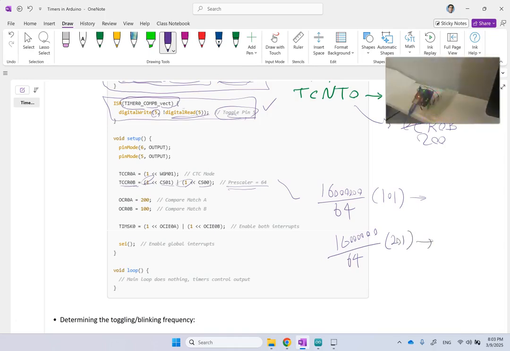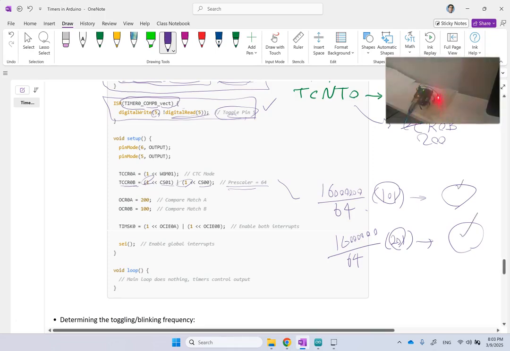That is going to be your next frequency. Of course, this should be 202, not 201. But you see that one is about twice the frequency of the other. So by controlling these numbers, I can very accurately determine what frequency I want the toggling to happen.